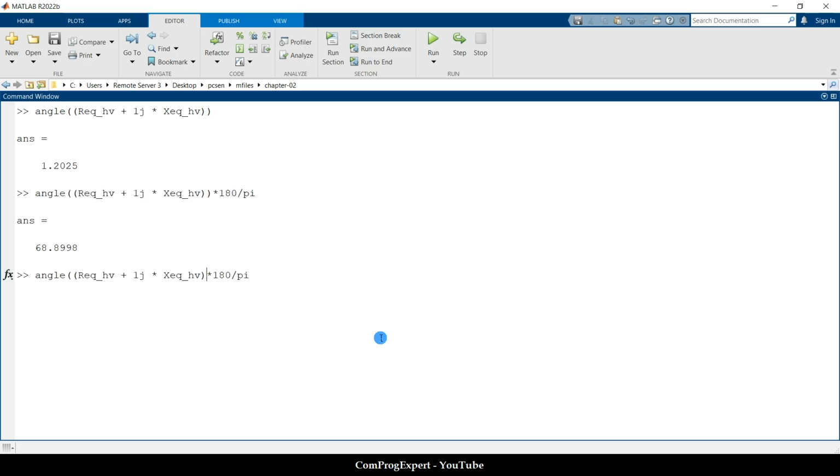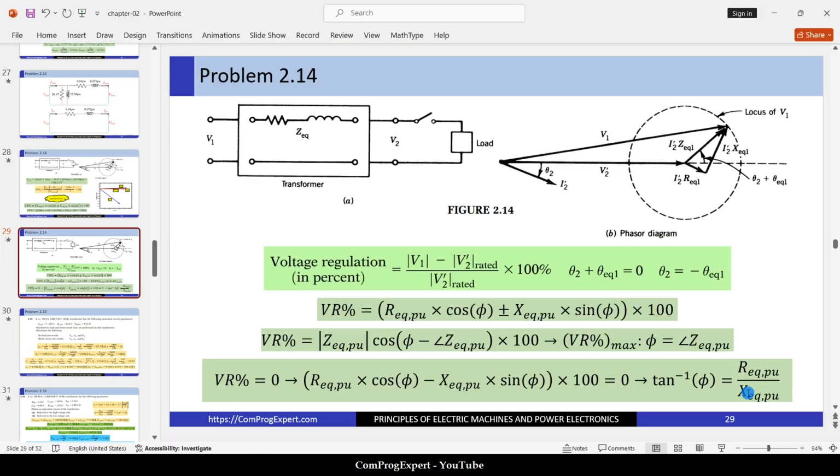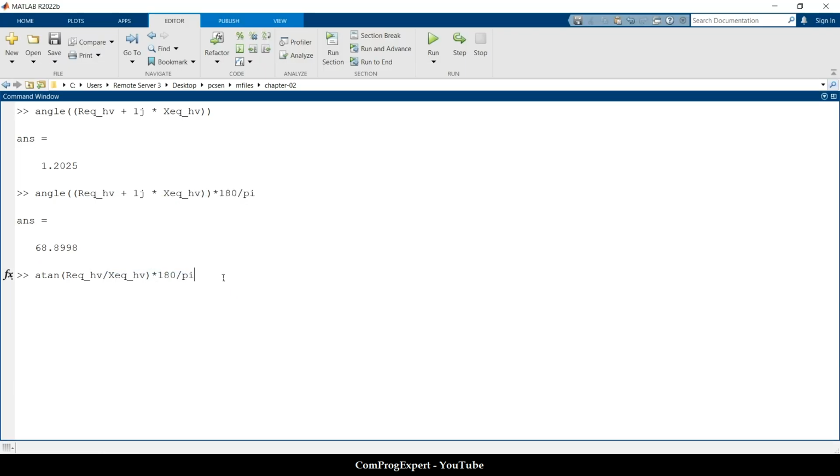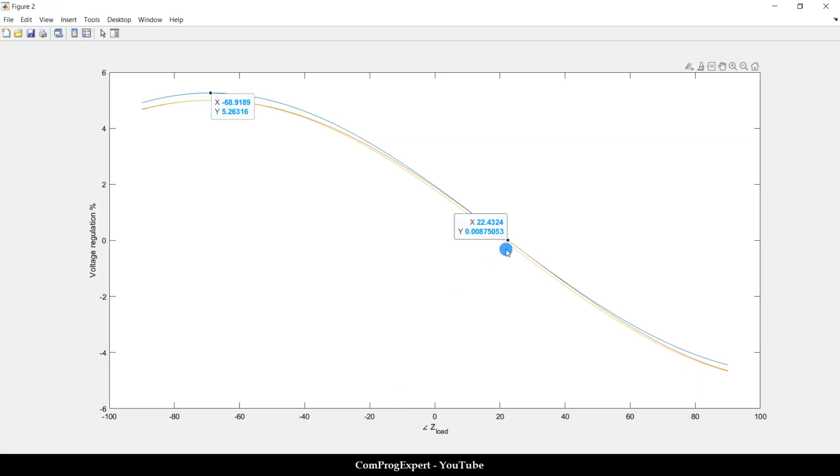The angle is the arctan of R equivalent high voltage divided by X. Okay, this is the condition for the zero voltage regulation. The angle is 21.1. Yes, that is close to this one.